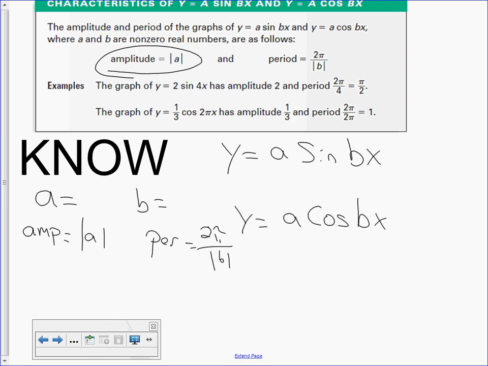That's why that worked. What's going to change now is when we start putting in different values for A's and B's. But you're going to notice that the only difference in the graph is that the graph might be taller, or the graph might take longer or shorter to cycle through one revolution. That's it.